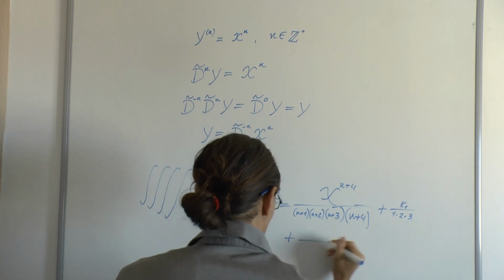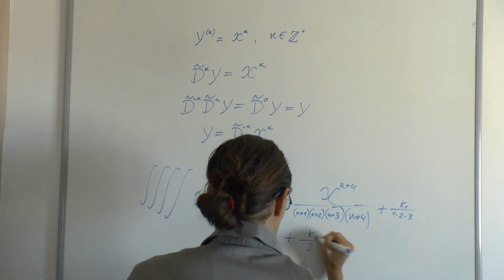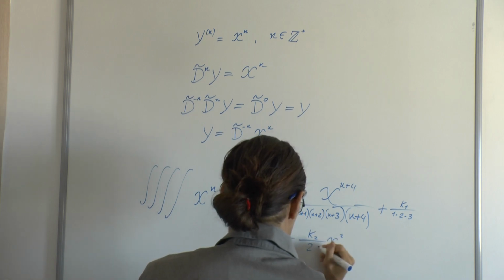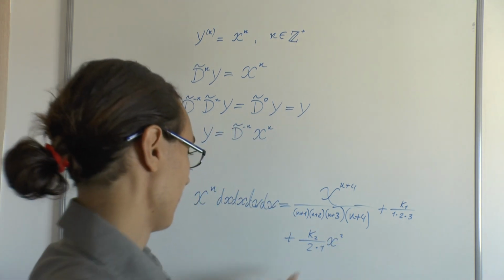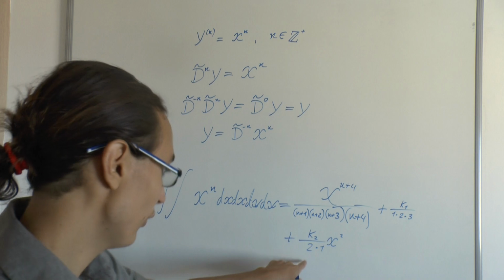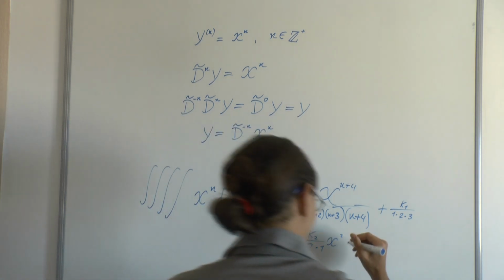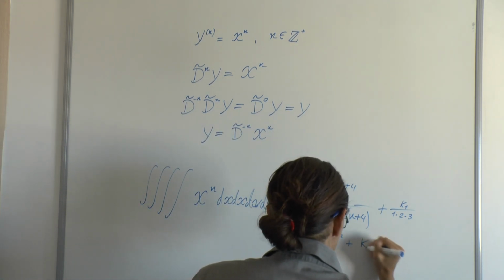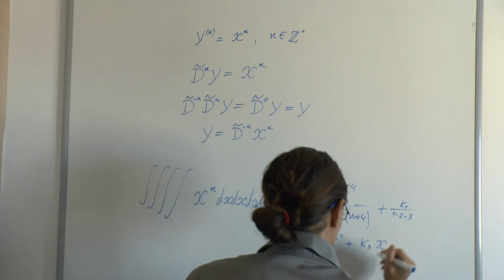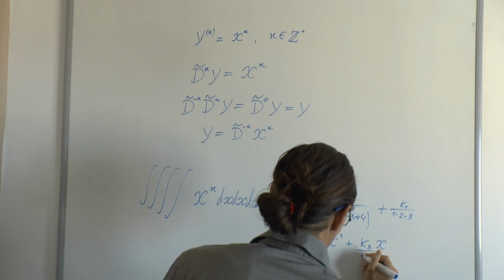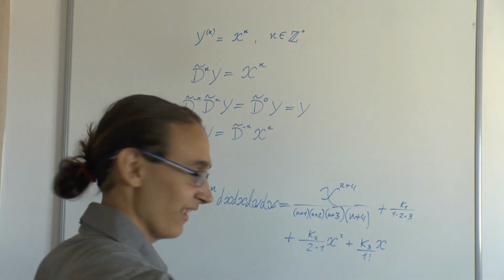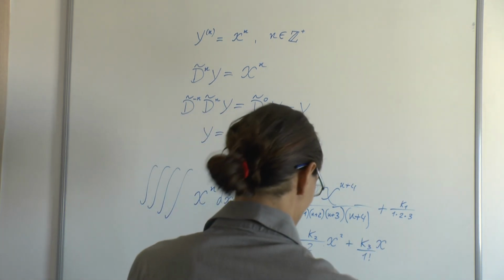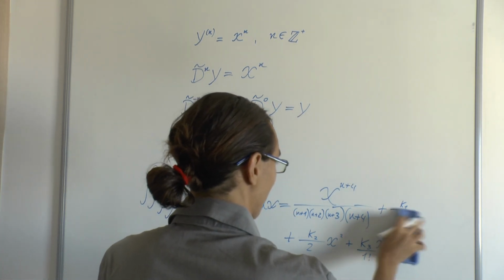Plus, now our k2 x squared, which again is a 2 factorial. Plus k3 x. k3 is then over 1, which is 1 factorial, right? You see? I'll just rewrite it for clarity.